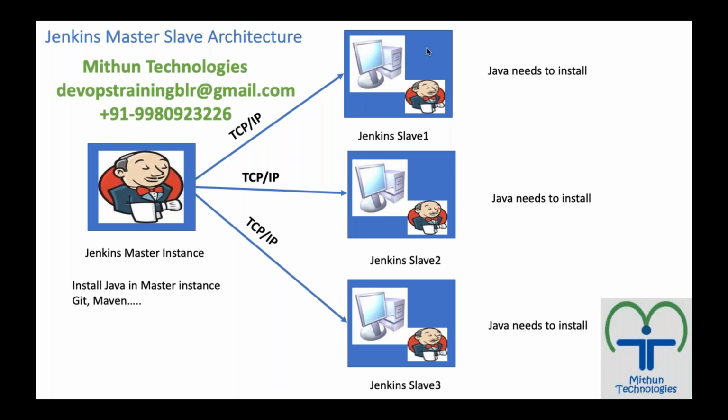Master instance. All the job information is available in the master, because we create the jobs in the master only. The jobs directory is there, and it is going to start there.